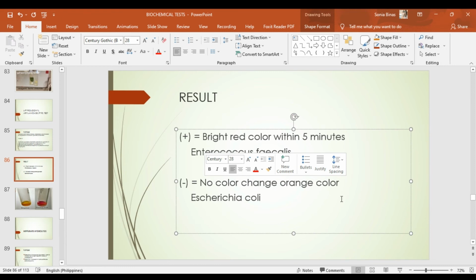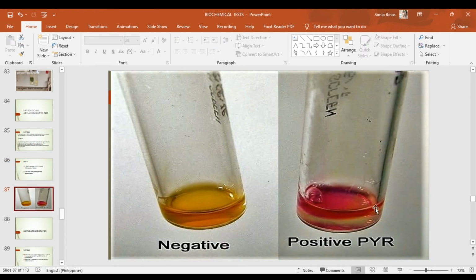It is our Escherichia coli. So kung makikita nyo, ito ang ating positive reaction, and our negative reaction will remain its orange color. Before reading, dapat incubate muna natin siya for up to 2 minutes at room temp. Ano po? So, gagamit tayo ng ating 18 to 24-hour pure culture.